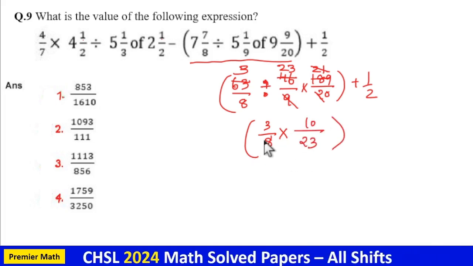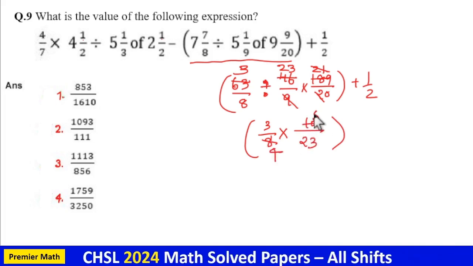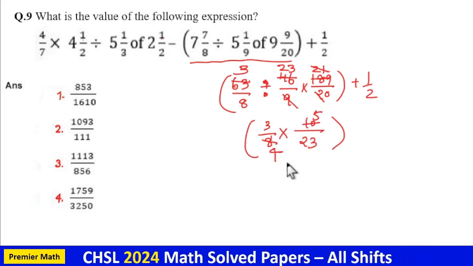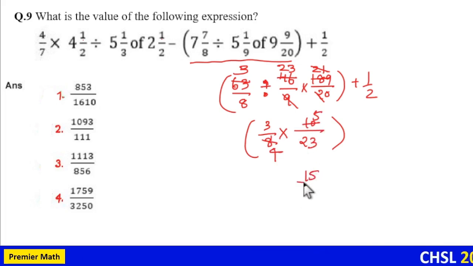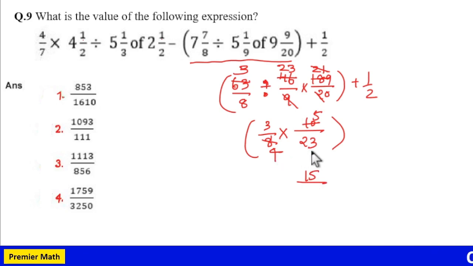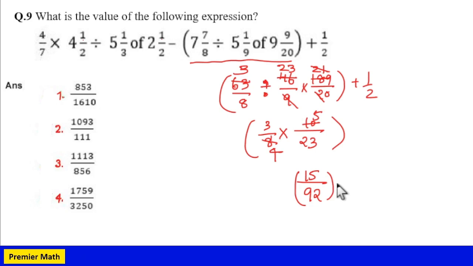Now this is equal to 2 goes 4 times in 8, 2 goes 5 times in 10. So 15 by 4 into 23. 15 by 4 into 23 means 4 into 20, 80, 4 into 3, 12. So 92. So this bracket will become 15 by 92.